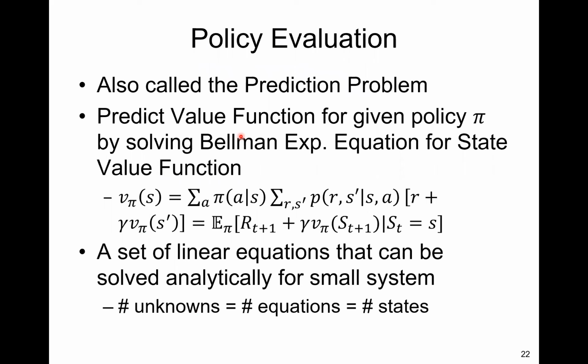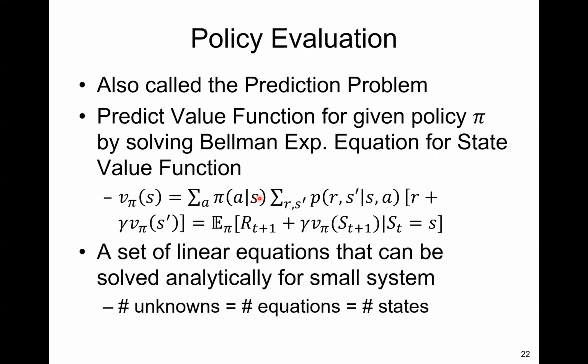So policy evaluation is, for a given policy pi, you solve the Bellman expectation equation for the state value function V by writing out V pi S as a function of V pi S prime.